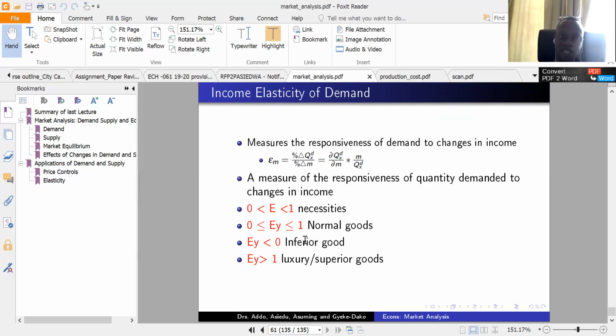Maybe one more thing before I switch to the next topic. You can write a bigger model, including all these income and price elasticities, in a form that will help you analyze the demand.